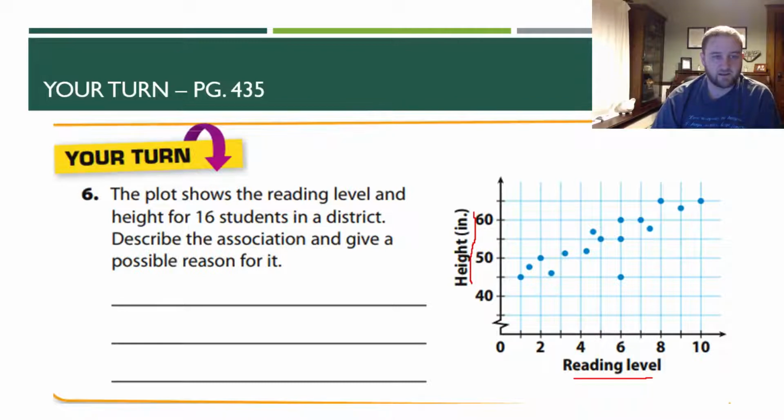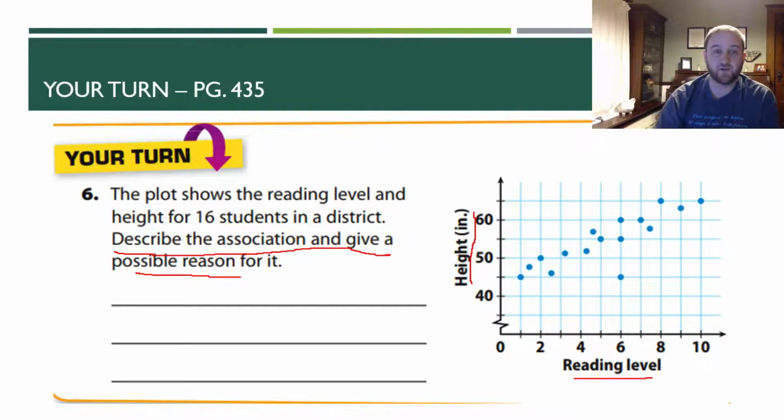Then it says describe the association, give a possible reason for it. So is there a positive association, negative association, no association? Is it linear or nonlinear? And give a possible reason for what it is. So go ahead and pause the video, and I want you to come up with an answer on your own. Once you unpause it, I'll have an answer for you.